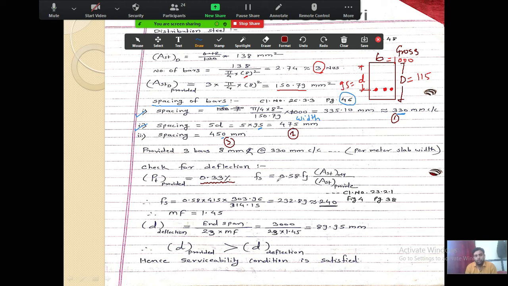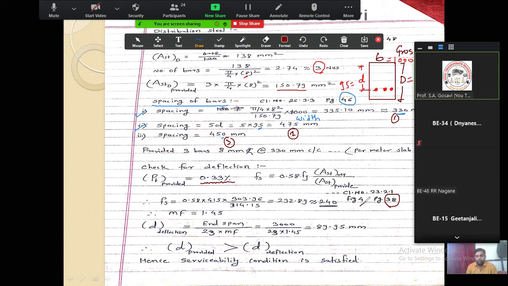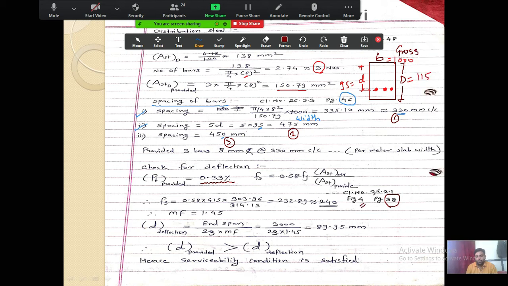Now again we should go to page number 38 and see that graph, and from that graph the modification factor is calculated. So here the formula is Fs equal to 0.58 Fy AST required divided by AST provided. This formula comes from clause number 23.2.1, figure number 4, page number 38.